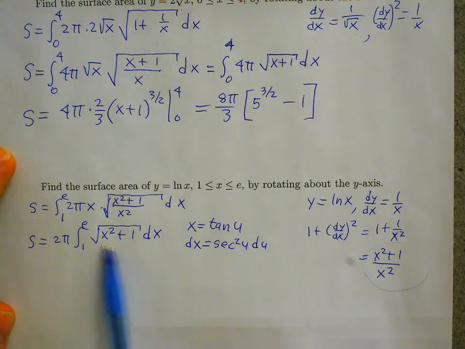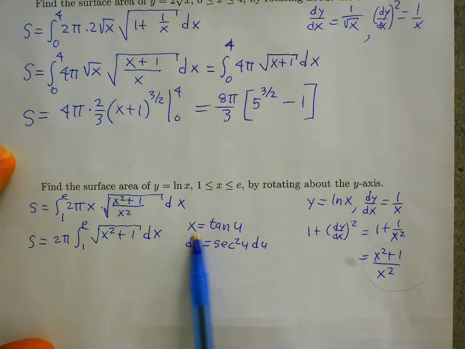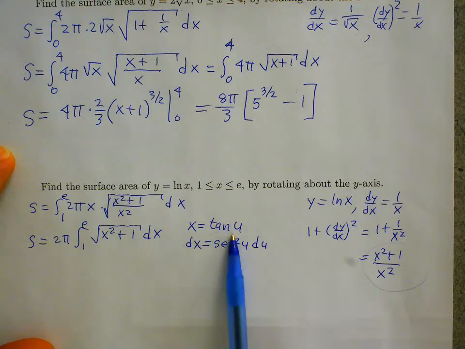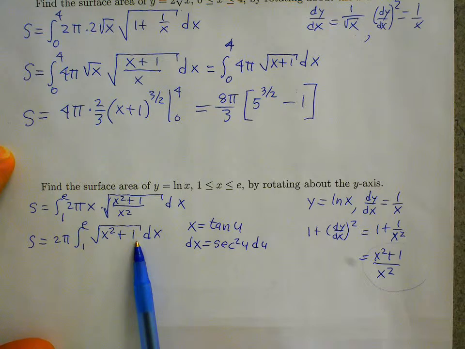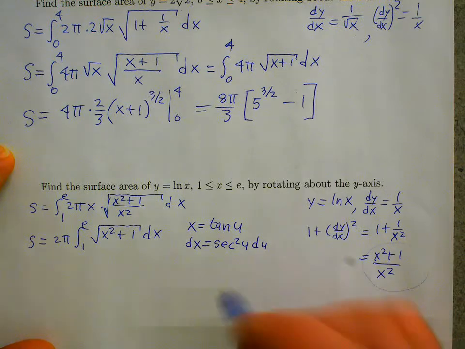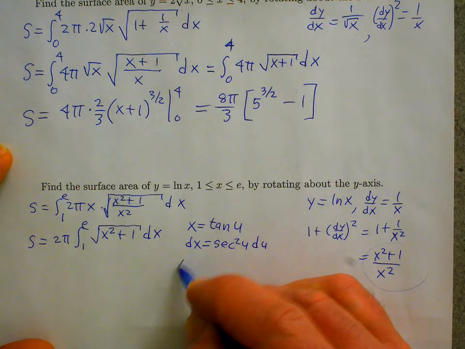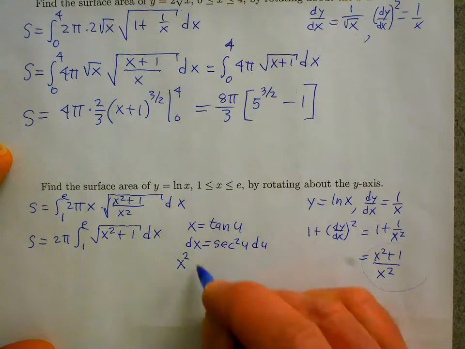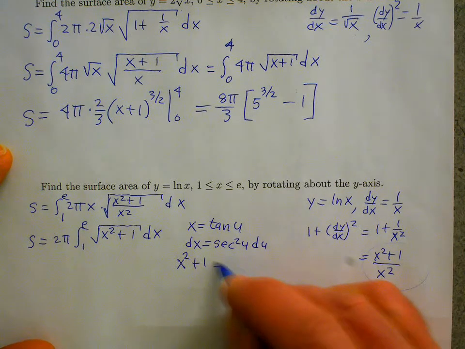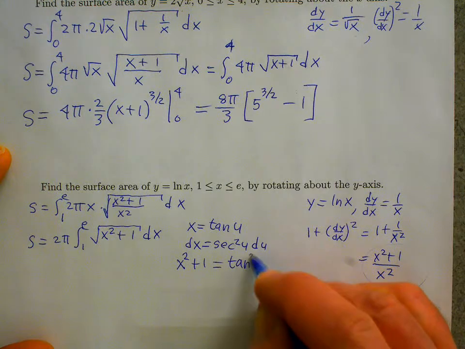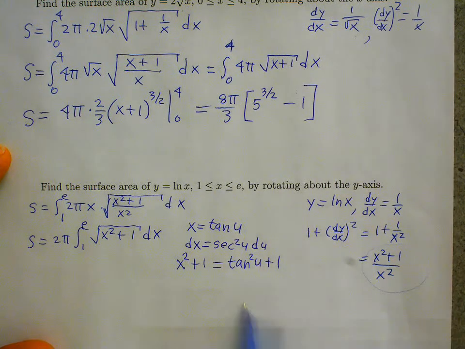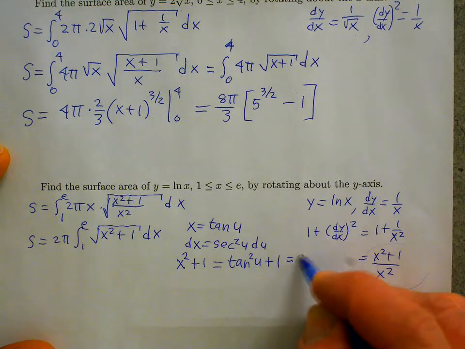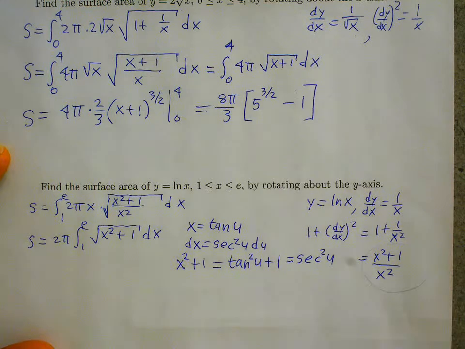So we'll transform this integral. So note that if x is tangent of u, x squared plus 1 is tangent of u squared plus 1. I'm going to have to probably use extra space anyway. So x squared plus 1 is tangent of u squared plus 1. But tangent of u squared plus 1 is secant of u squared.